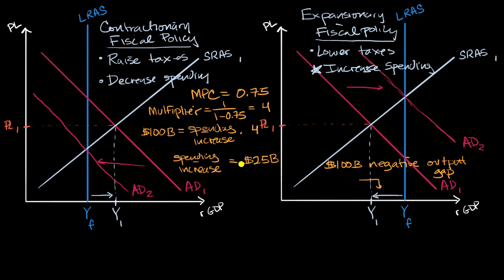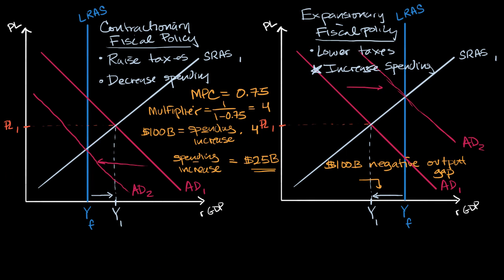Makes sense. If the government spends $25 billion, because of the marginal propensity to consume you have a multiplier of 4, so you have $100 billion of more total spending happening in the economy because of that initial government spending of $25 billion.